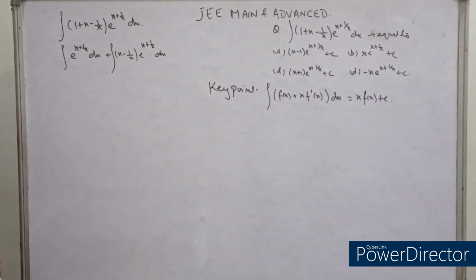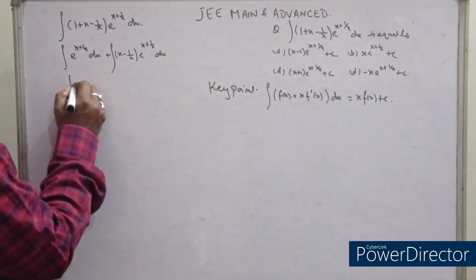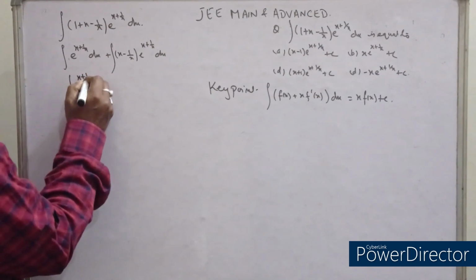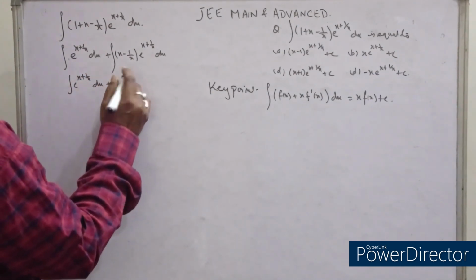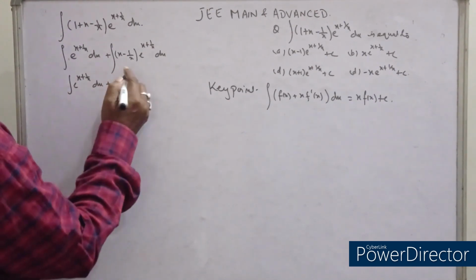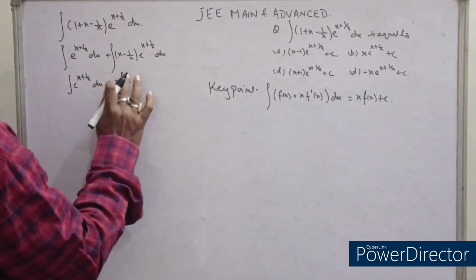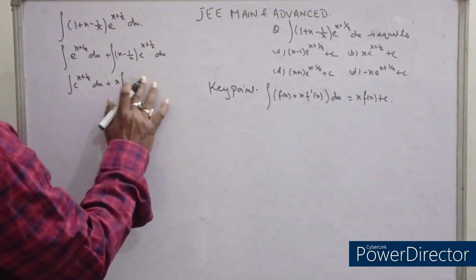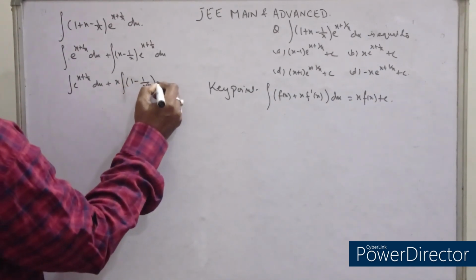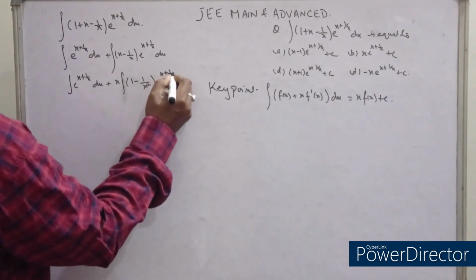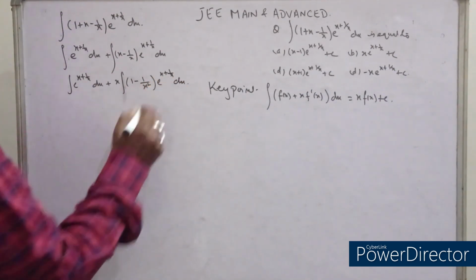Now here again e to the power of x plus 1 by x dx, if you take x common, this will be x times 1 minus 1 by x square, e to the power of x plus 1 by x dx. You are going to get this.